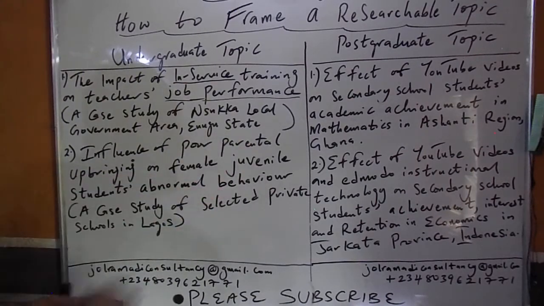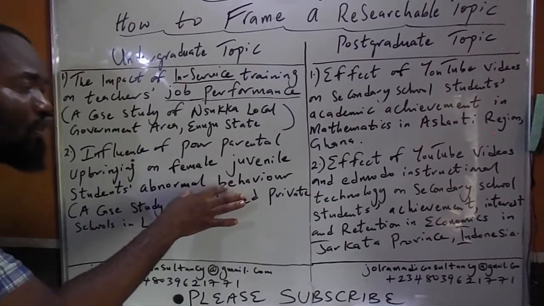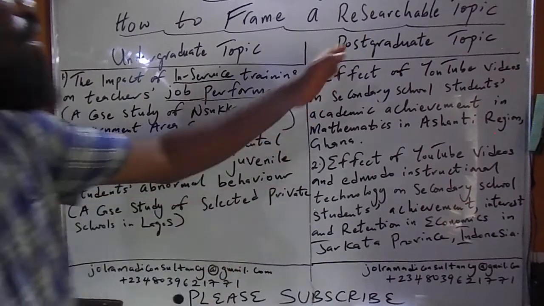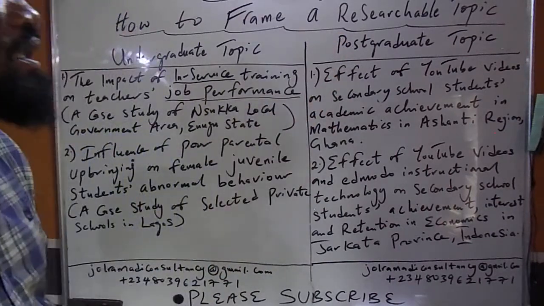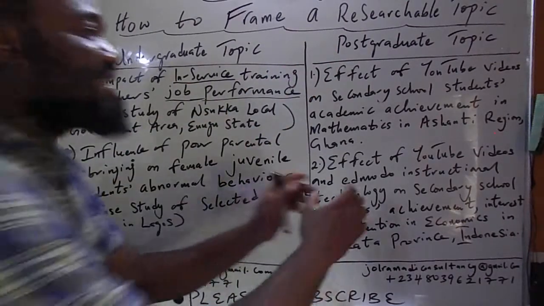It could lead to abnormal behavior. So abnormal behavior is depending on poor parental upbringing. It is depending on parental what? Upbringing. Now, in this postgraduate topic, you will notice that there is nothing like a case study here.